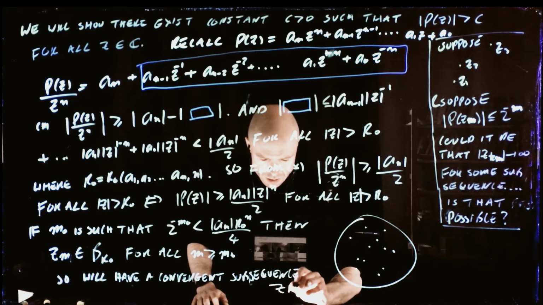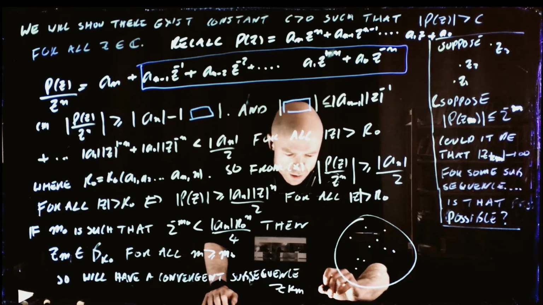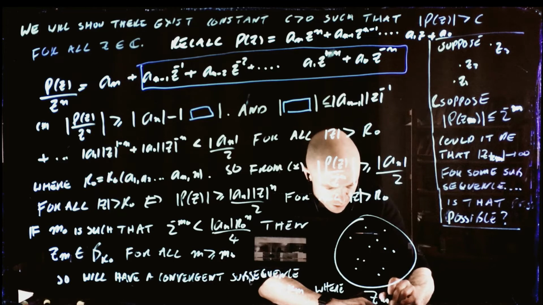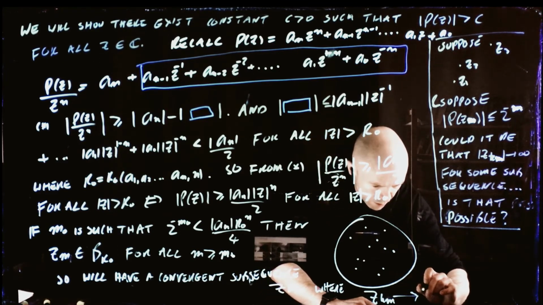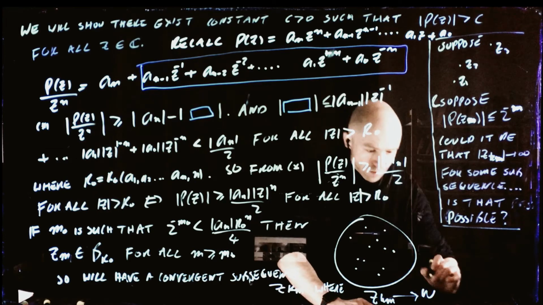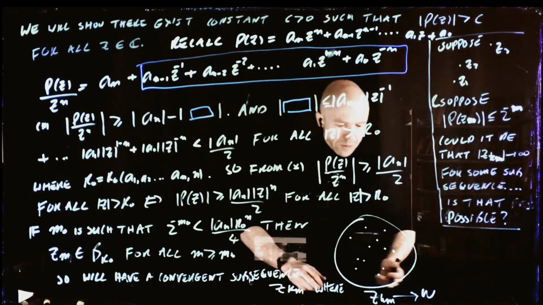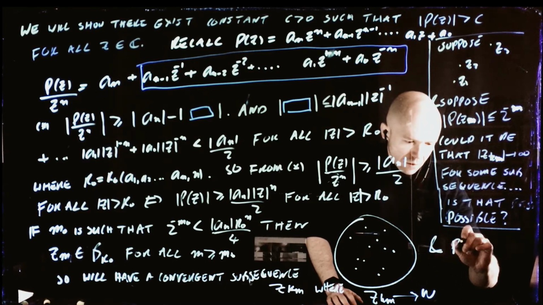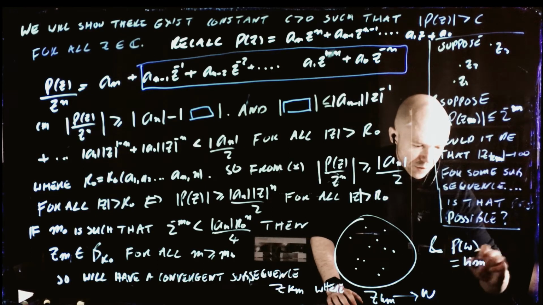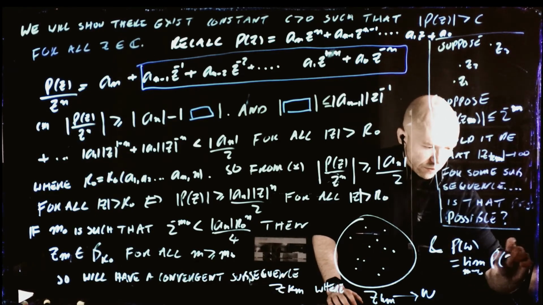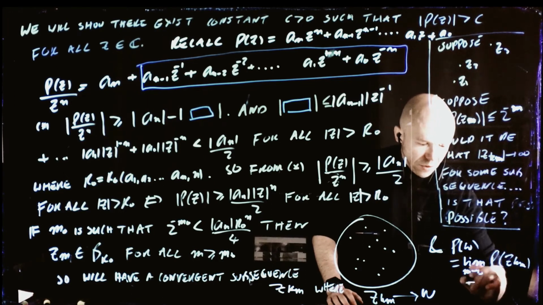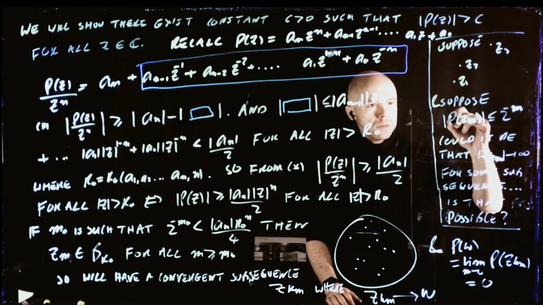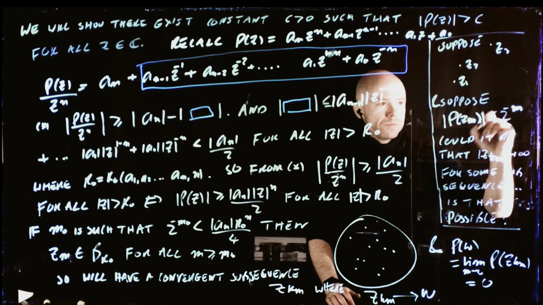Z to the k_m, this might be hard for you to read, tends to w, which is also inside the ball; it's inside the complex plane. And by continuity, p(w) is the limit as m tends to infinity of p(z_{k_m}), which is equal to 0 by our assumption here.